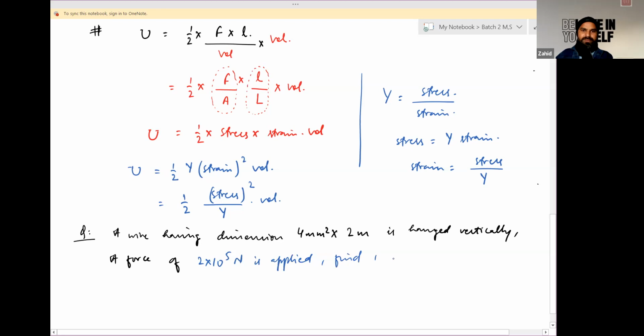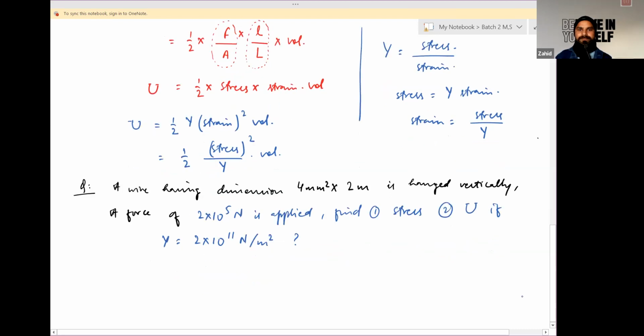Find first stress, second potential energy stored, if Young's modulus is 2 into 10 to the power 11 Newton per meter squared. Try to solve this using the above formula.